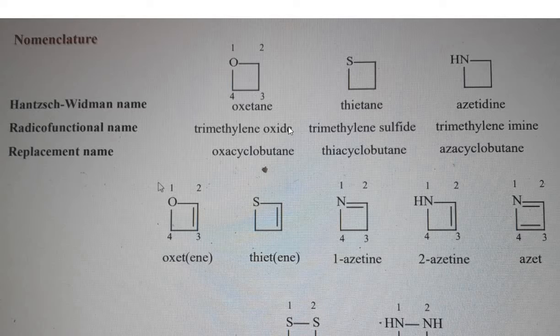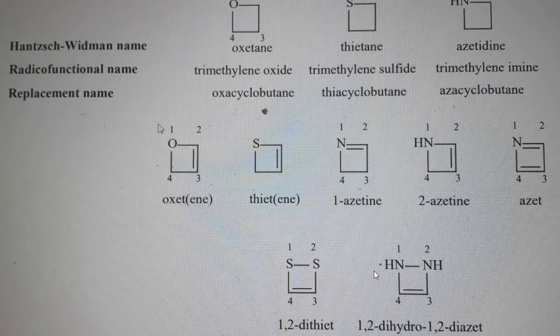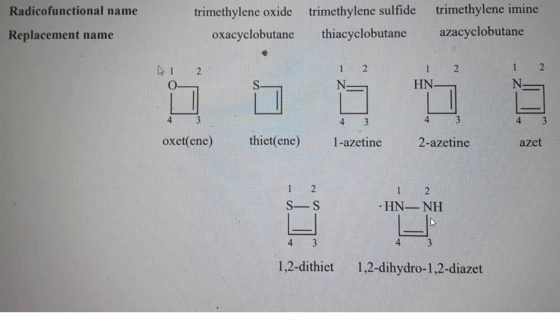And then replacement, you know, cyclobutane, so oxacyclobutane, thiacyclobutane and azacyclobutane. Practice it with these examples: oxete, thiete, 1H-azete, 2H-azete, and practice it with this.